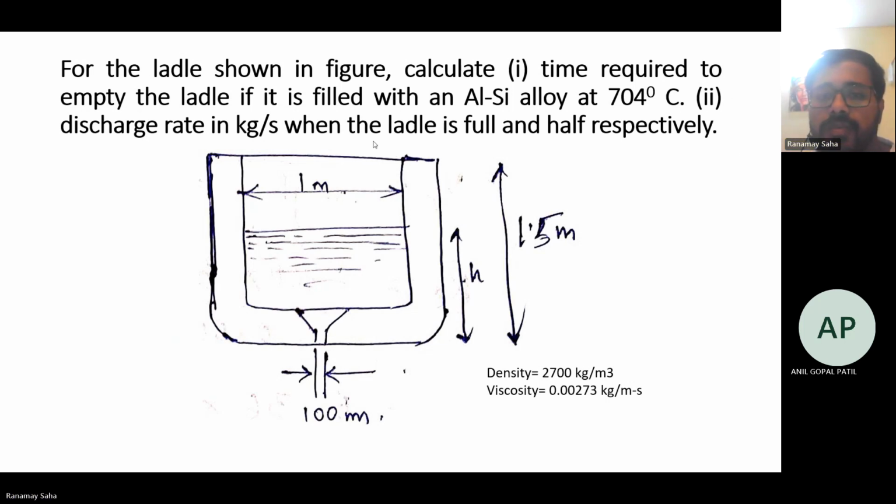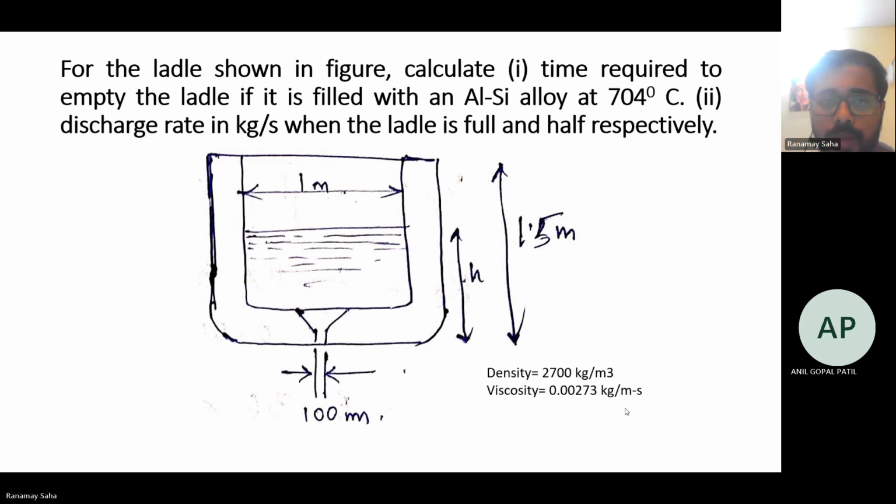Two cases: first, if the ladle is full; second, the ladle is half empty, that is, half filled. Let's try out this question. Given here are two parameters which you may need: density 2700 per meter cubed, and viscosity, which is 0.0273 kg per meter second.